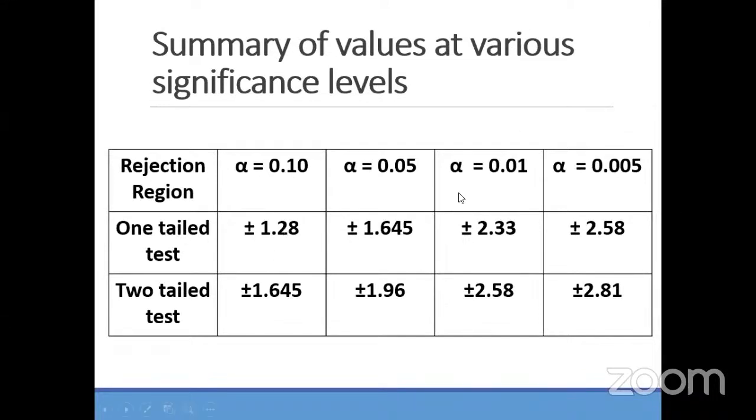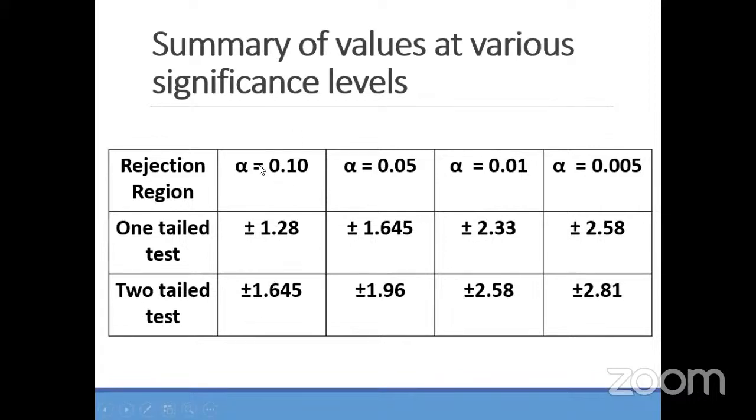You can easily recall that for alpha of 10%, the one-tailed test will give you the value of plus minus 1.28. And please remember why plus minus: because the error can be on the left-hand side or right-hand side. For the left-hand side it is minus, for the right-hand side it is plus. Similarly, for alpha equal to 10%, for the two-tailed test, it is 1.645.